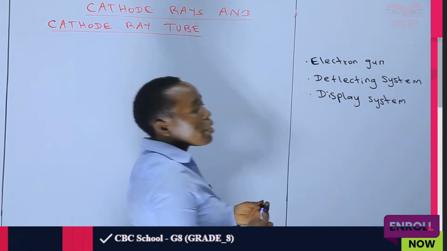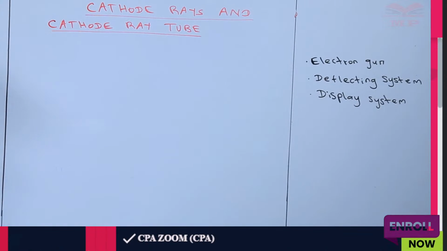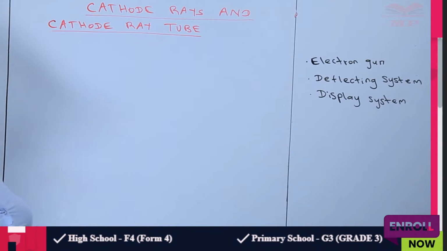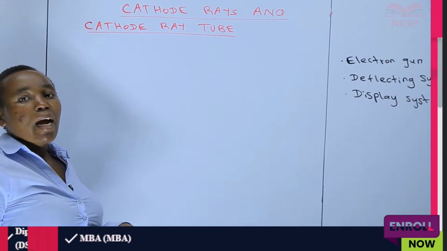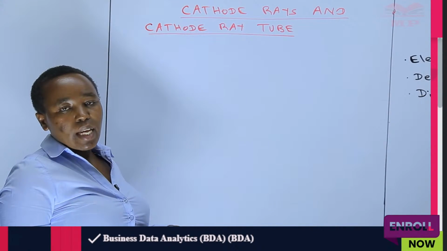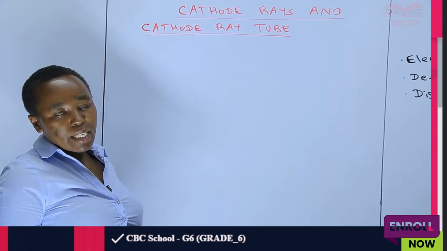So those are the major parts of a CRO. In the electron gun, we have the cathode, that is the heated cathode, the ground, and the anodes. In the deflecting system, we have the X plates and the Y plates. And in the display system, we have the screen.